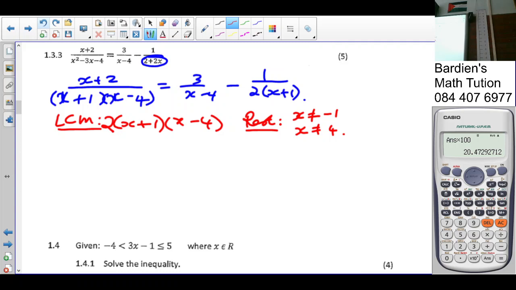Why? The sum will come out to be undefined. And if the sum is undefined, it's not going to work for us. Not so. So, what must this denominator be multiplied by to get the LCM? 2. So I multiply numerator also by 2.